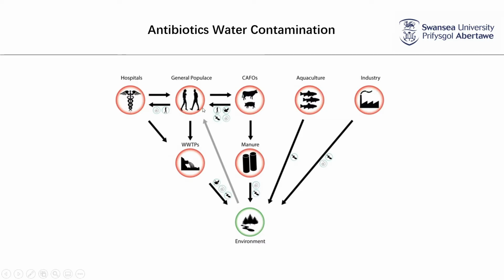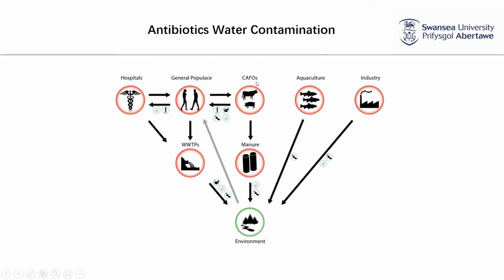A big contributing factor of contamination is also the general populace, since it's largely unmonitored and anybody can buy them and take them, and since 70% of the antibiotic just passes through us and goes to the sewage into water treatment facilities, which is another huge cesspool of antibiotic contamination, and therefore antibiotic resistant bacteria. Water treatments don't really eliminate the antibiotics in them, so they just get passed back into the environment.